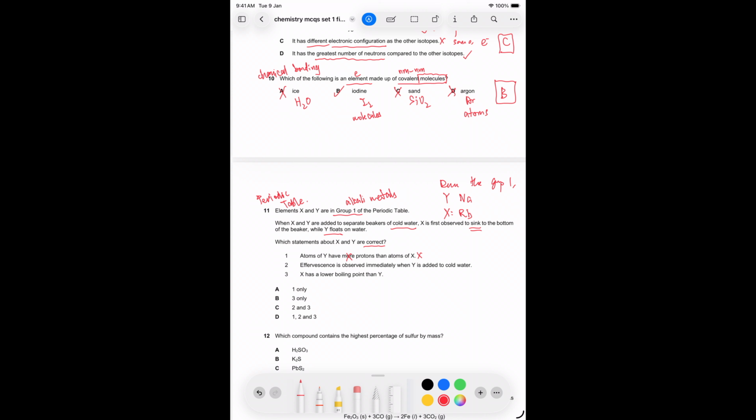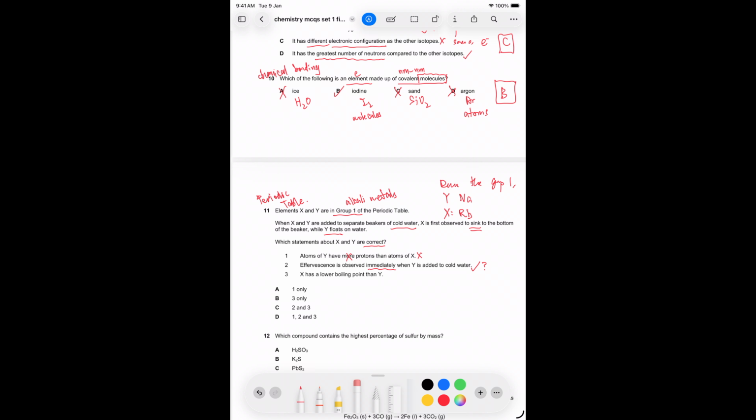Effervescence is observed immediately when Y is added to cold water. I think this should be true. Actually both are immediate, so for now I'll just take it as true. We'll see how it goes.